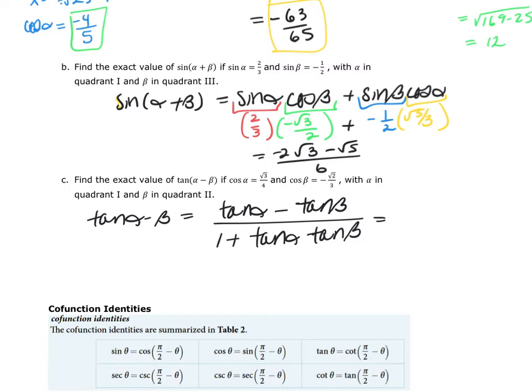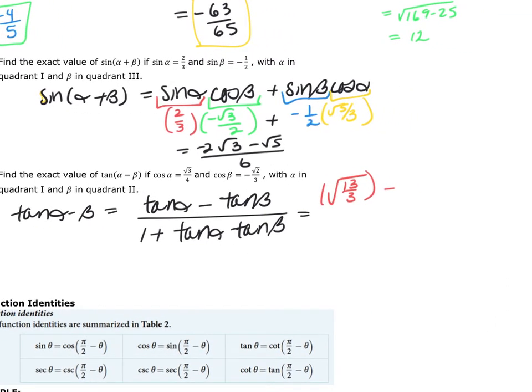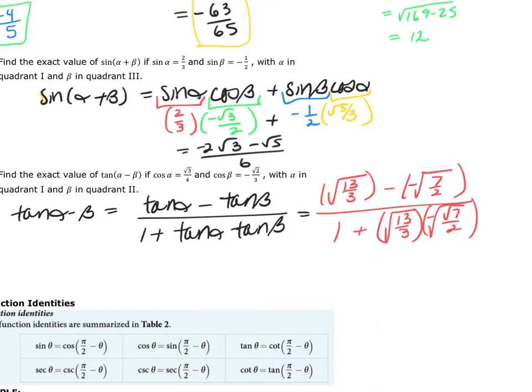The tangent of alpha is going to be replaced with the square root of 13 over 3, and the tangent of beta is going to be replaced with the negative square root of 7 divided by 2, and then all divided by 1 plus the tangent of alpha, which is the square root of 13 over 3, multiplied by the negative square root of 7 over 2. And then, of course, I'll just leave that for you to simplify.